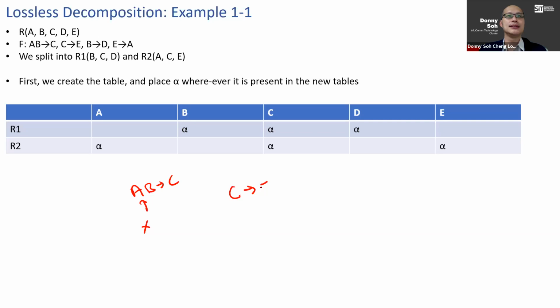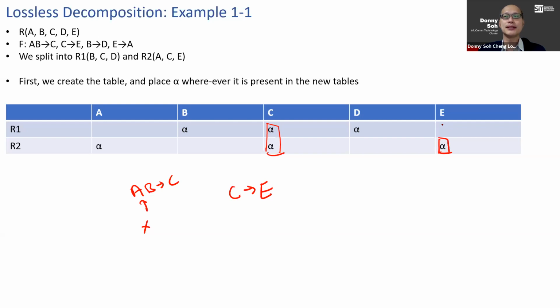C implies E. In C implies E, I realize that I have two distinguished variables on my left hand side. And for E, there is one distinguished variable here. So my second condition is that on my right hand side, I must find at least one row from my first condition that has the distinguished variable.